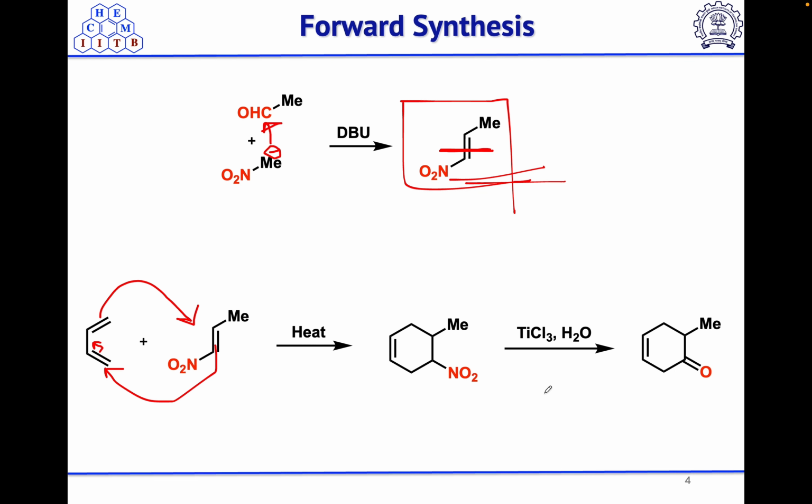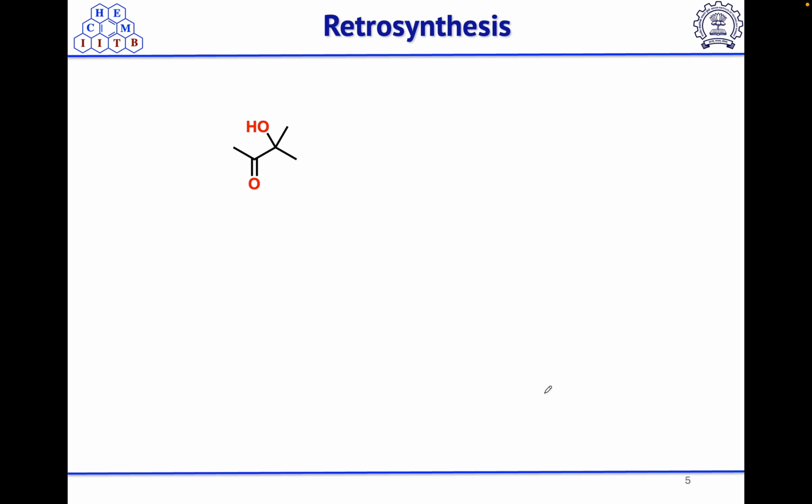So you can easily get your desired cyclohexenone. Very simple, straightforward reaction. Now coming to this example. If you see this molecule, what functional groups do we have and how can we think about the disconnection approach?